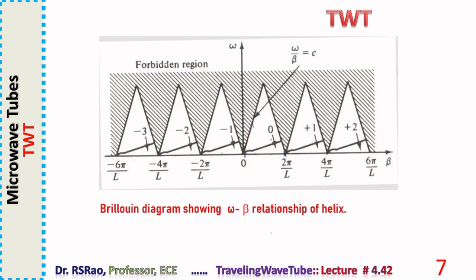This is the diagram about which a few points are given in the previous slide. Horizontal axis represents beta, vertical axis omega. There are some triangular areas. Here is a label, forbidden region, with respect to this diagram. Let us once again go through those points.